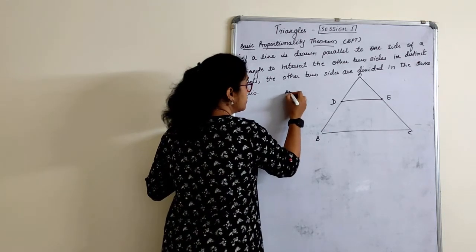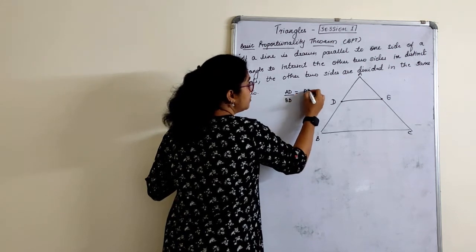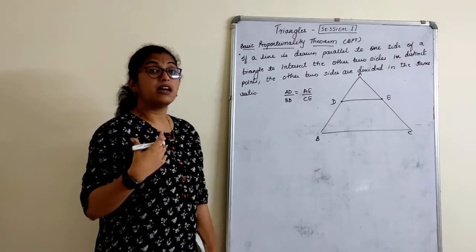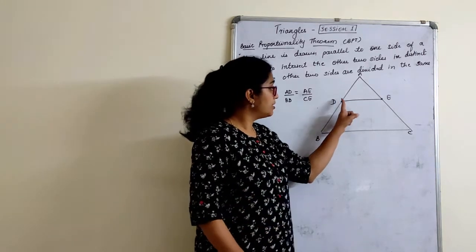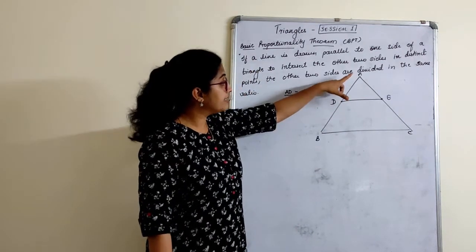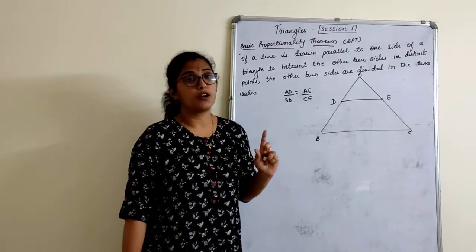That is, AD upon BD is equal to AE upon CE. It divides the other two sides proportionally. If a line is drawn parallel to a side of a triangle, it divides the other two sides proportionally. That is what we have to prove.